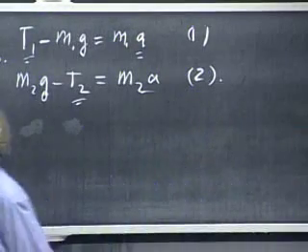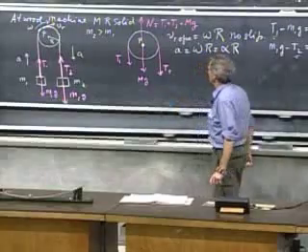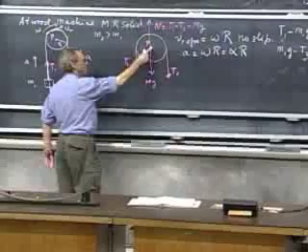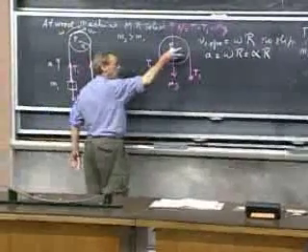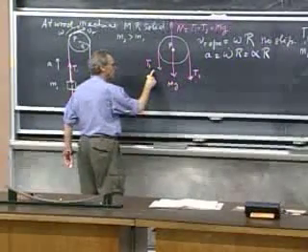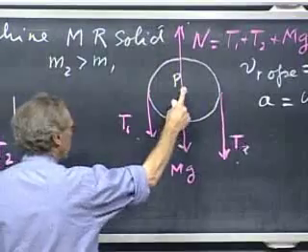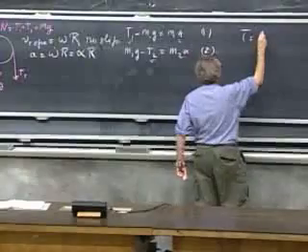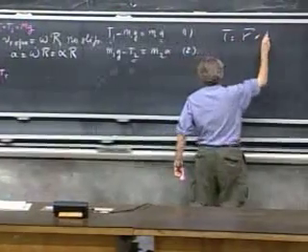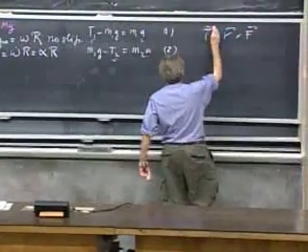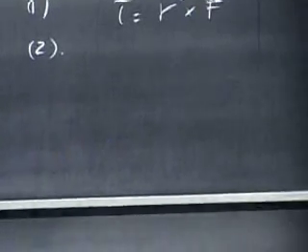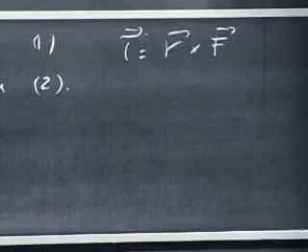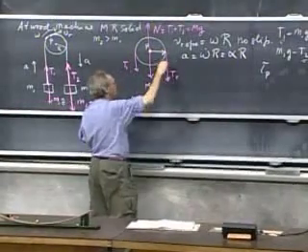I also have to think about the pulley. The pulley, the net force on the pulley is 0. That's why this stays in place, but it's going to rotate, because this force, T2, is larger than this T1. There is a torque relative to that point, P, and torque is defined as r cross F. But the torque relative to point P, the magnitude, is this position vector times this force.